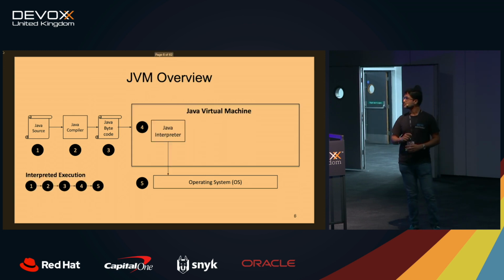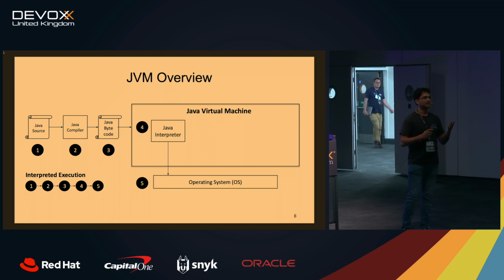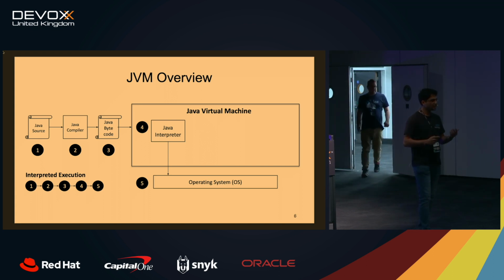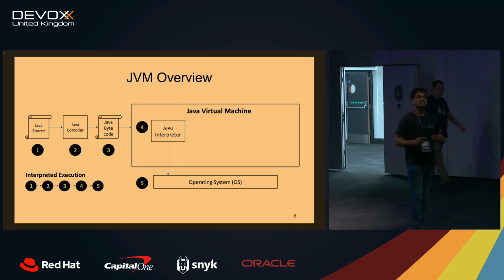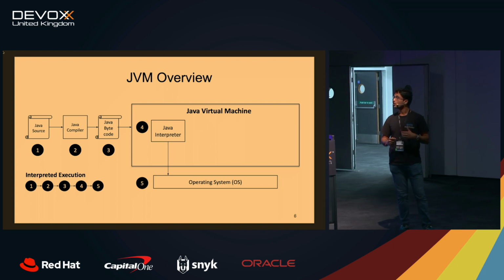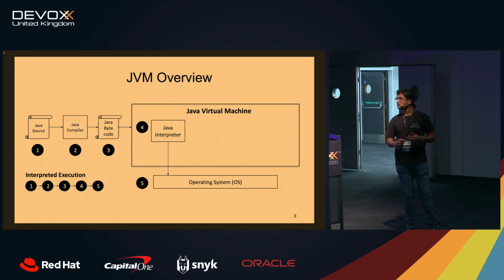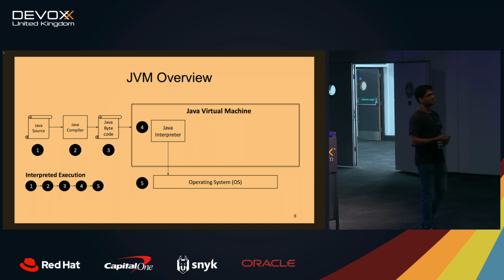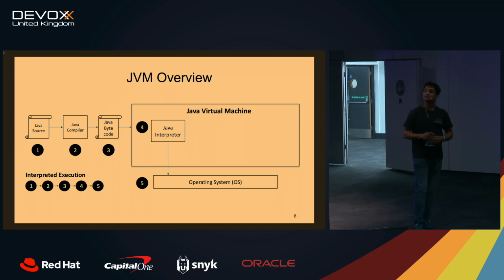First, when your method is called, it is given to the interpreter. The Java virtual machine says, oh, you have called this method, let me interpret it. And then the interpreter takes the bytecodes, executes them, and you see the output. When the same method gets called over and over again, the JVM says, hold on, this seems to be an important method, so let me compile it for you.